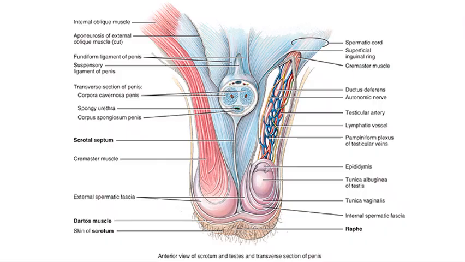The location of the scrotum and the contraction of the muscle fibers regulate the temperature of the testes. Normal sperm production requires a temperature about 2 to 3 degrees Celsius below our core body temperature. Lower temperature is maintained within the scrotum because it's outside the pelvic cavity. In response to cold temperatures, the muscles contract.